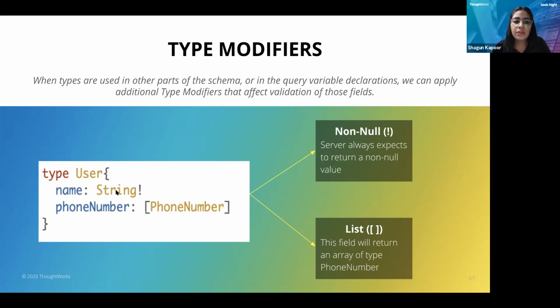For example, we have a name field which is of type string, followed by an exclamation mark, which says that the name field cannot be null. Similarly, we have a list modifier which is represented by square brackets, and it returns a sequence of types. For example, here we have phone number, which will return an array of phone numbers.